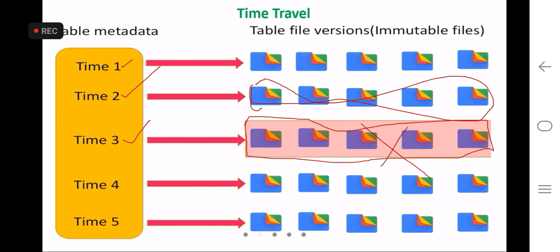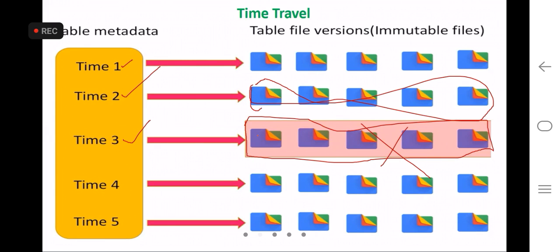If I set it to 90 days, then I can travel back a maximum of the past 90 days and pull all the updated and deleted information, which means the older version of the data. So this we call the time travel feature in Snowflake.